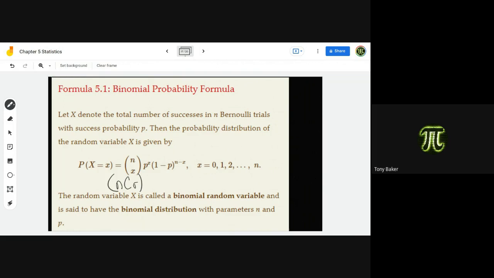That's why I spent a little time doing that, because we're going to need that. The P is just the probability of success. Okay? And then the 1 minus P is the probability of failure.